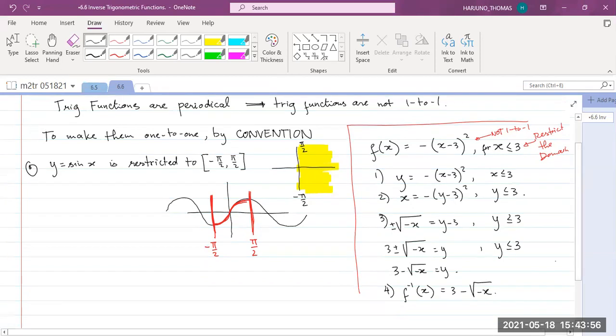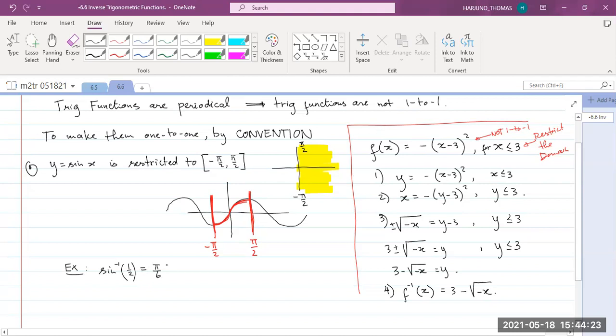So for example, what is sine inverse of 1/2? What is the angle? It has to be in radians, right? What is the angle such that sine of that angle is 1/2? That's pi over 6, right?